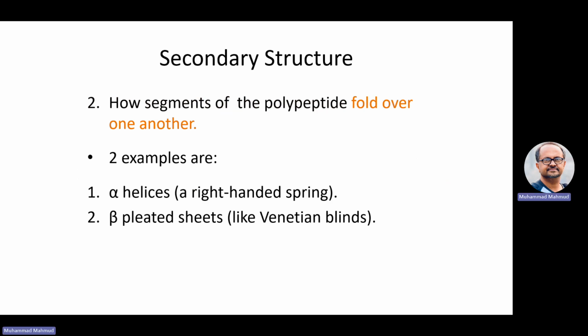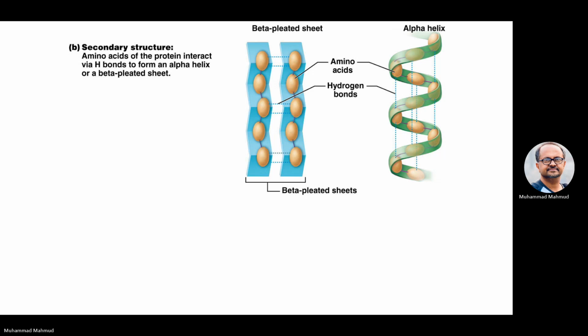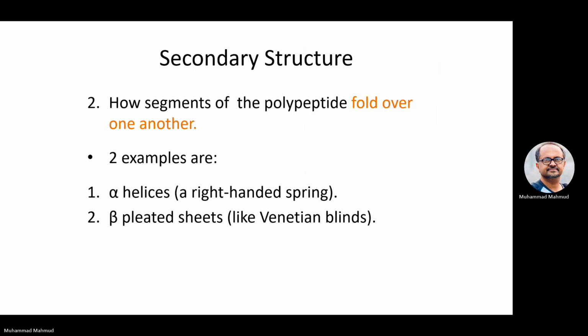Now, in secondary structure, these polypeptides are going to fold over one another, like this. You see, they are folding, they are making a helix-like structure on your right side, and on the left side, they are making a beta pleated sheet. So what is happening here? At the primary structure, they just make a long chain of amino acids.